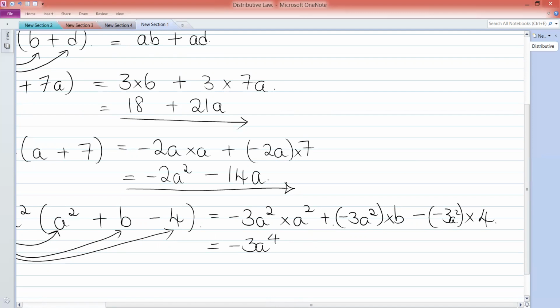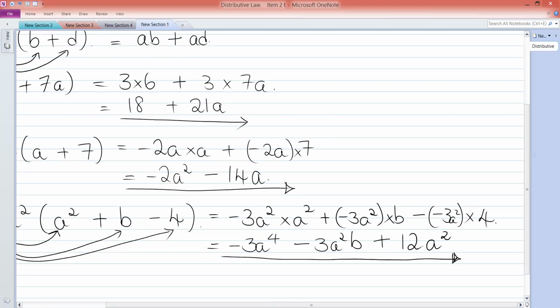Perfect. And then minus, because a positive and a negative will give you a negative, 3A squared B. Then a negative and a negative will give you a positive. Right. And then 3 times 4 is 12A squared. Awesome. That is how we work that one out.